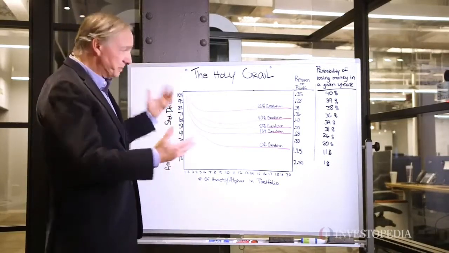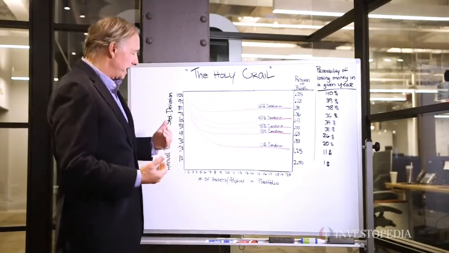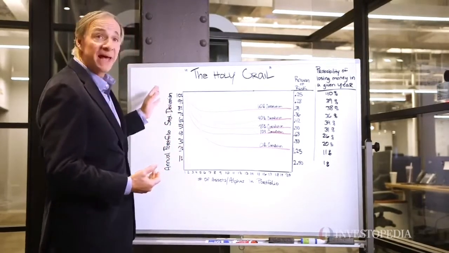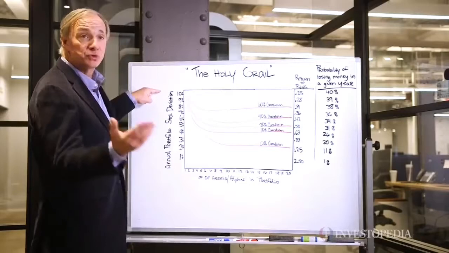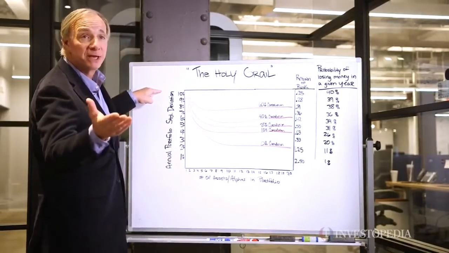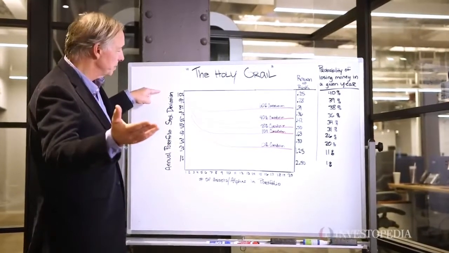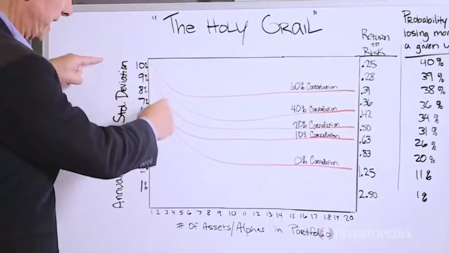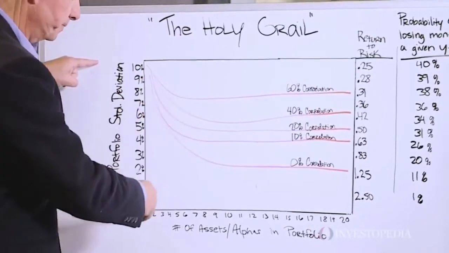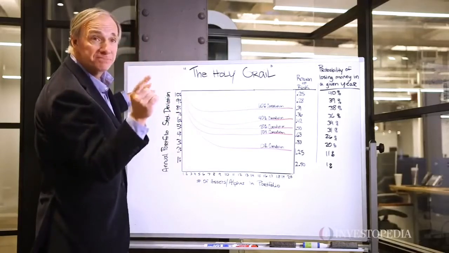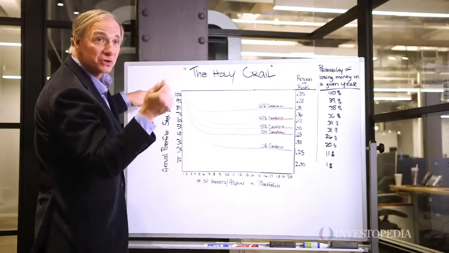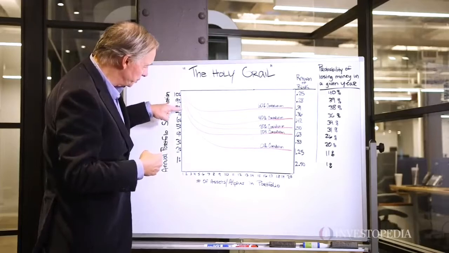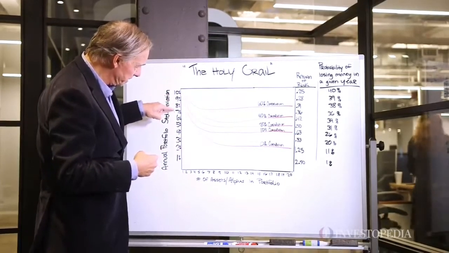So that's what this chart shows. Imagine you have a 10% average return and a 10% risk, and you don't know which bet is going to be better. You add in a second and a third and so on. You're not going to lose the 10% return, but you're going to have a reduction in risk.